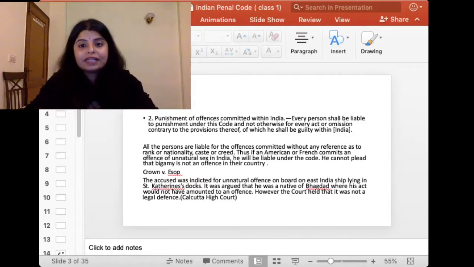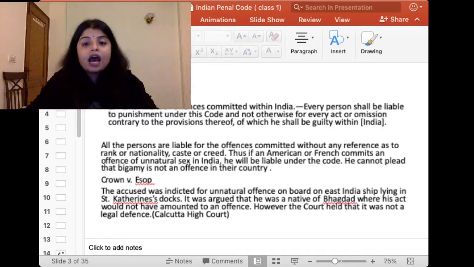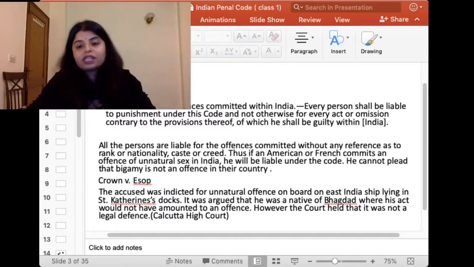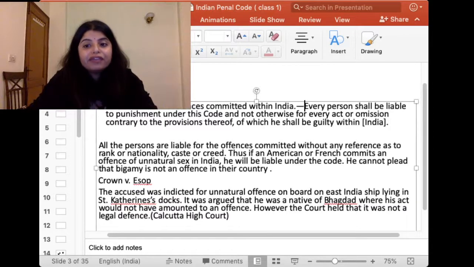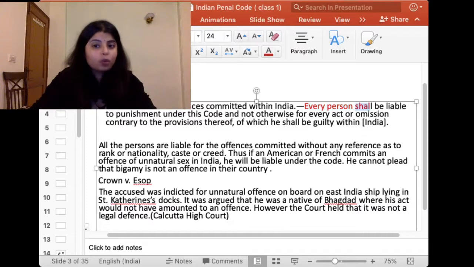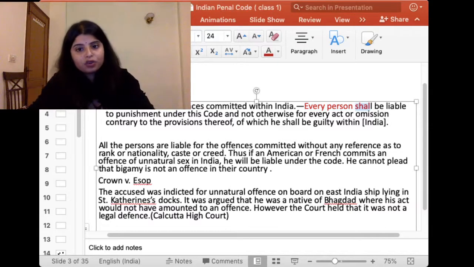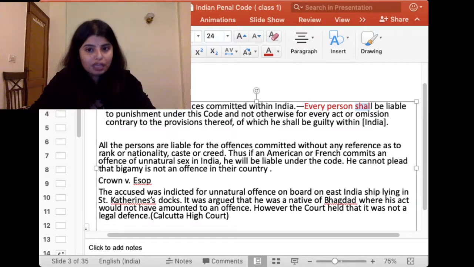Let's see in detail. And here we will see how to interpret a section. Now see here. Every person shall be liable, notice the word shall also, shall be liable to punishment under this code, not otherwise, for every act or omission contrary to the provisions thereof, of which he shall be guilty within India.